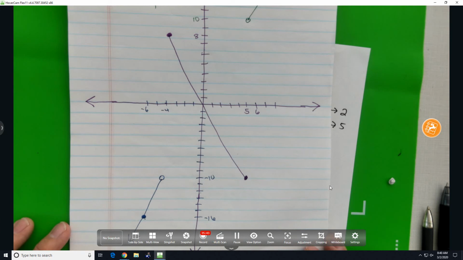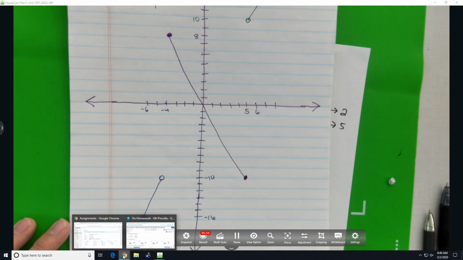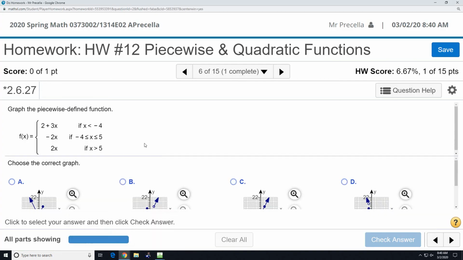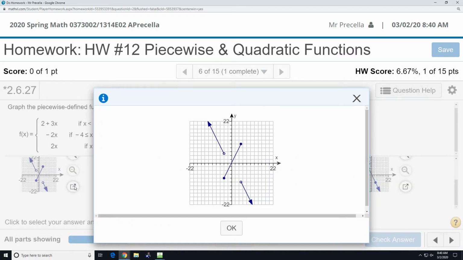Okay, let's choose the correct graph. Let's try to remember what it looks like. It's down, up, and it's falling from left to right in the middle. I'm going to just pop out each one of these. It's not that one, right? The middle part is wrong. Every part is wrong, isn't it?